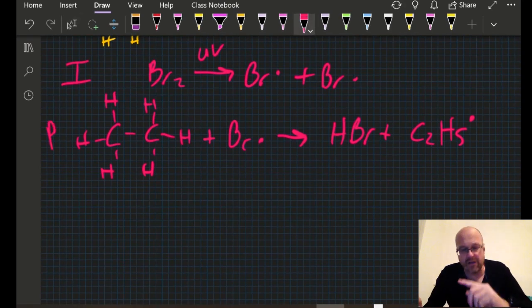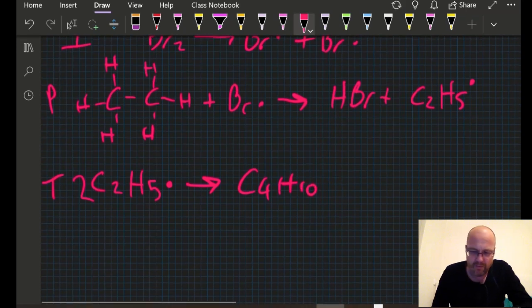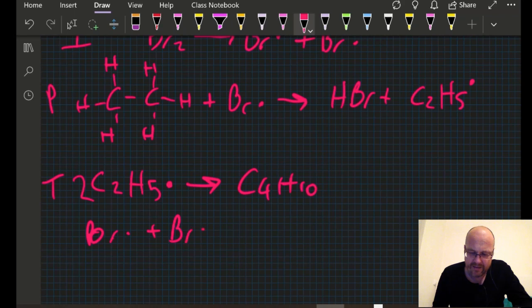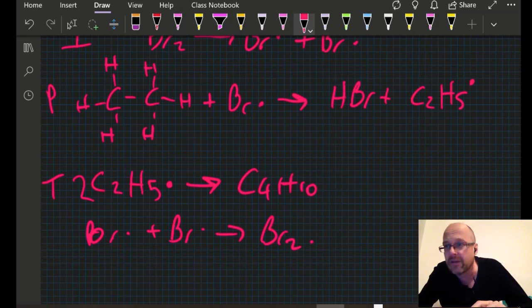Dot goes in, dot comes out. Let's do a couple of termination steps. Why don't I do C2H5 twice, and that goes to C4H10. And maybe one more, the easiest termination step: that and that makes that again. So termination step, 2 radicals come together, 2 dots come together, disappear. No more dots.